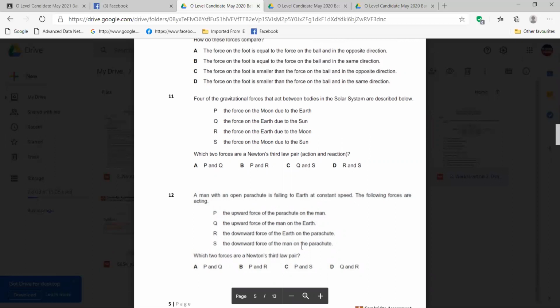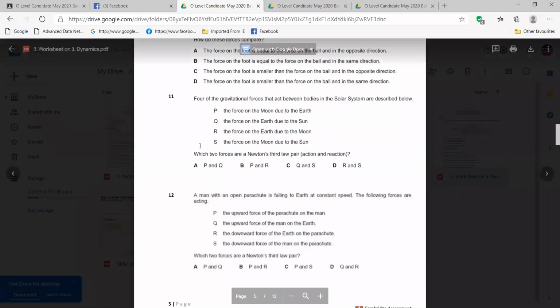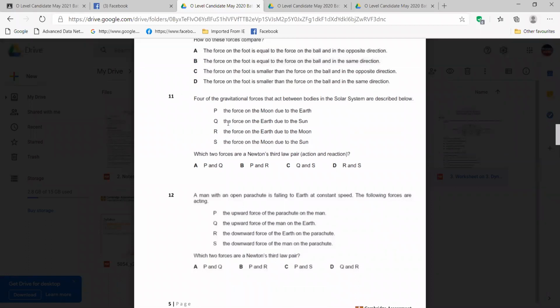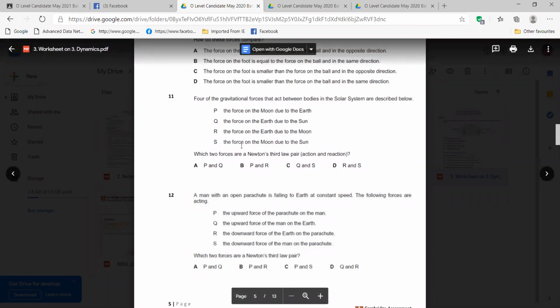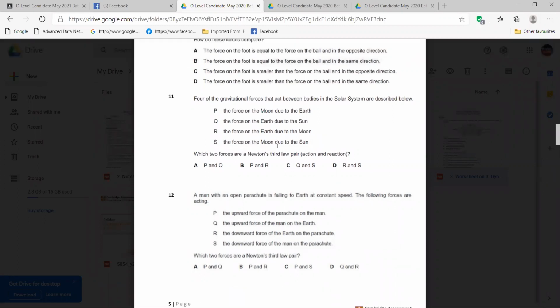The fourth. Sir, isn't it P and R? Let me check. Here we have the force on the moon due to the earth, and the force on the earth due to the moon. And what about Q? They are saying the force on the earth due to the sun, and S is the force on the moon due to the sun.